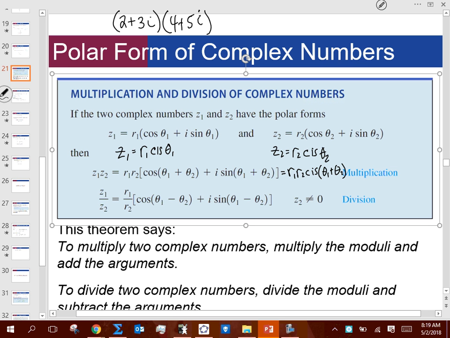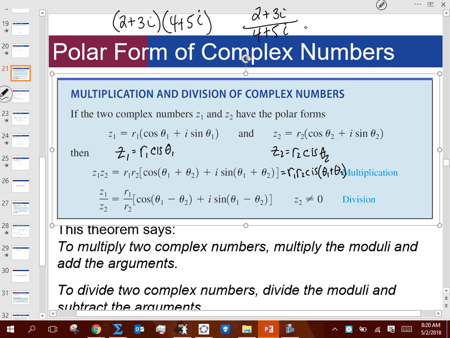So multiplying complex numbers in polar form turns out to be a little bit easier than multiplying complex numbers in rectangular form. If I want to divide them, if you remember division of these two things, so if I had something like 2 plus 3i over 4 plus 5i, you guys remember how you divided those?